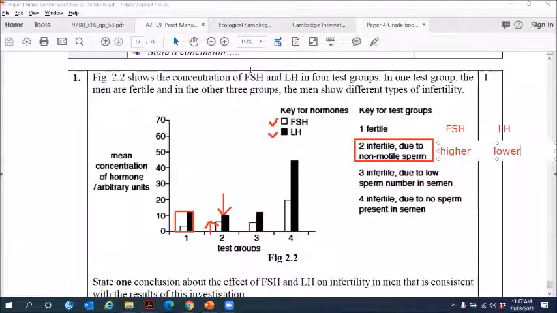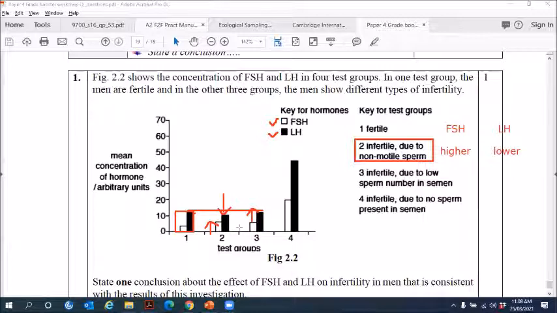Now, for the second marking point, we will check the next group, which is group 3. For group 3, you can see that the level of FSH here is also increased, and the level of LH is almost the same. Let me check whether it's almost the same or not. Okay, the level of LH is almost the same as the first group.